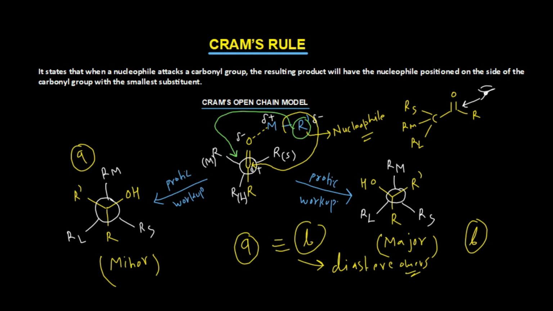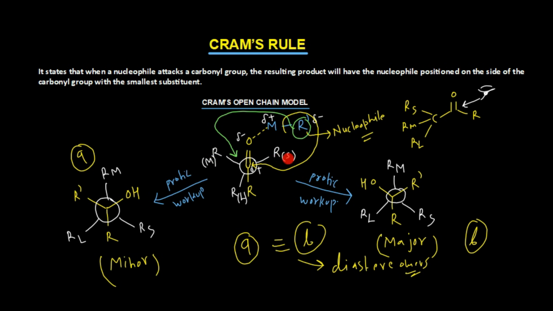This is the generalized example, right? This is something very important you need to understand. And see, in the Nasipuri you can read that particular statement why actually this R is preferably adding to this electrophilic carbon from the side of the smaller group, right? So it is reasoned that the carbonyl being complexed with the metal, okay, this particular reagent becomes the bulkiest group, and thus it is better placed between the medium and the smaller group.